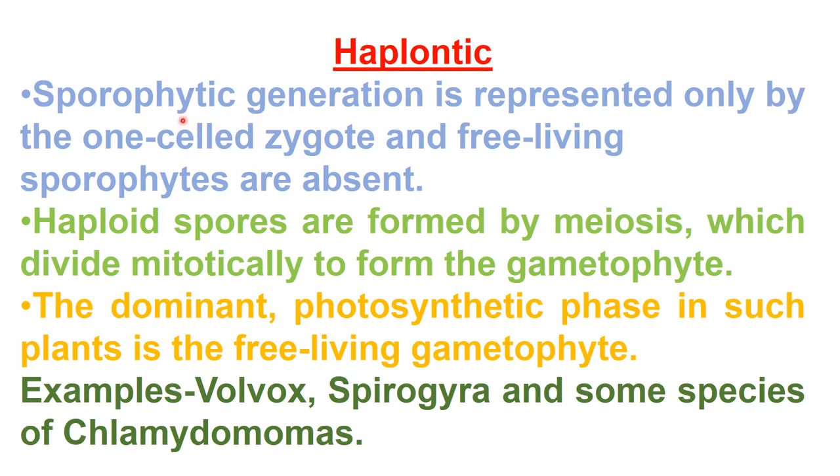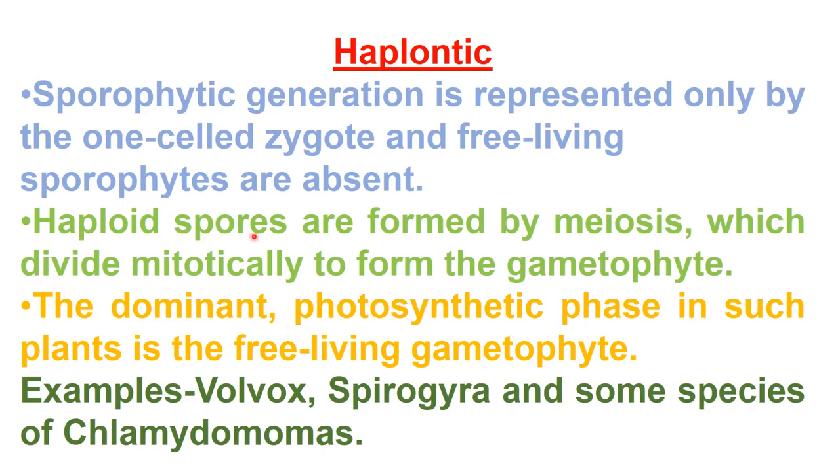Which structure is representing it? Zygote. Free-living sporophytes are absent here. Only the one-celled zygote is found, which represents the sporophytic generation.